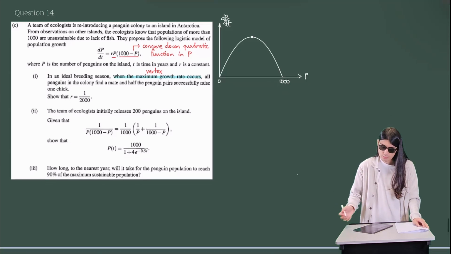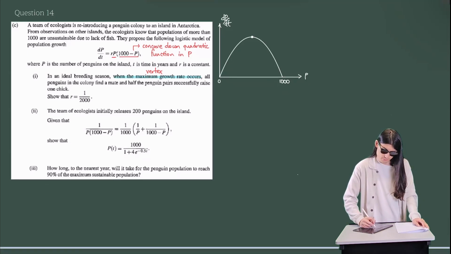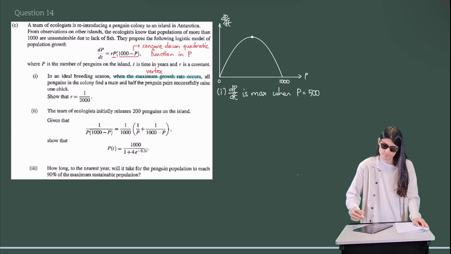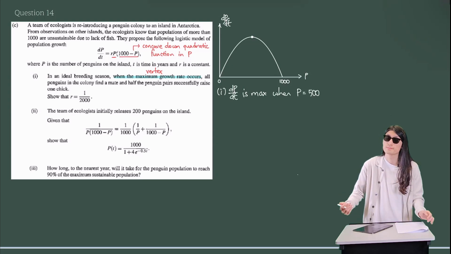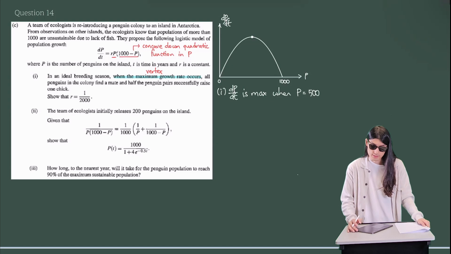And based on that property, we can then say that for part i, dP/dt is maximum when P is equal to 500. Okay, and of course that's using the symmetry of a parabola, isn't it, right?